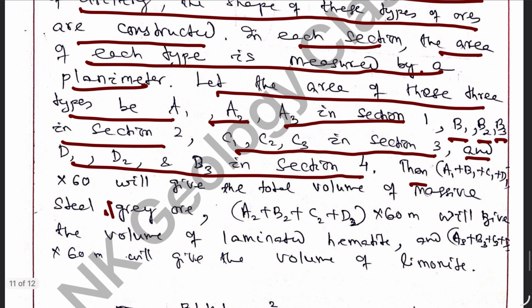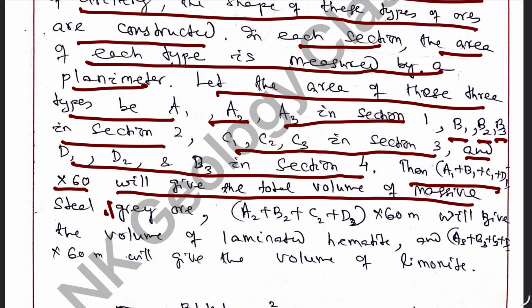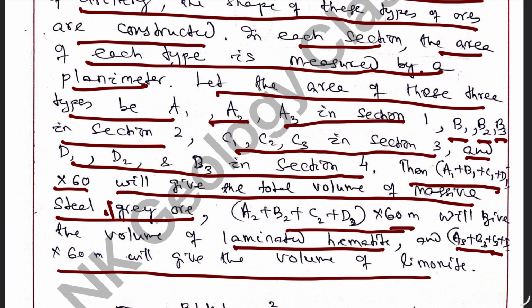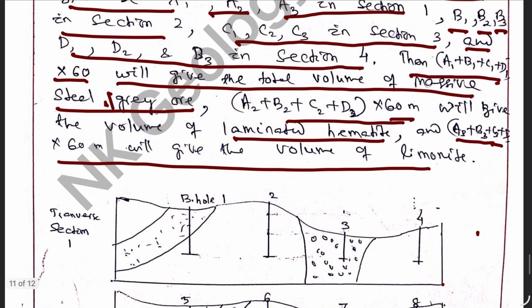Then A1 plus B1 plus C1 plus D1 into 60 will give the total volume of the massive steel grey ore. Similarly, A2 plus B2 plus C2 plus D2 into 60 gives the volume of the laminated hematite. And A3 plus B3 plus C3 plus D3 into 60 gives the volume of the limonitic ore.